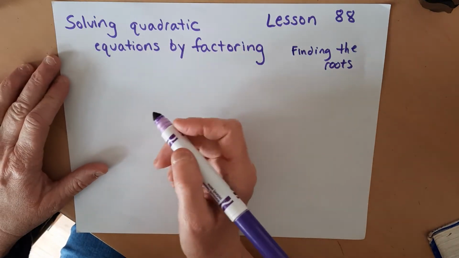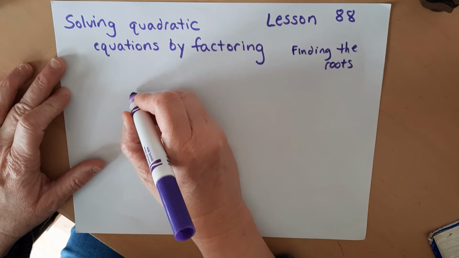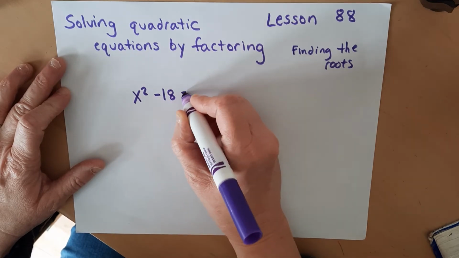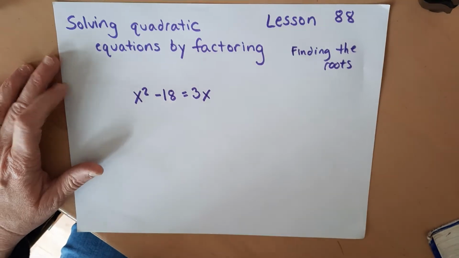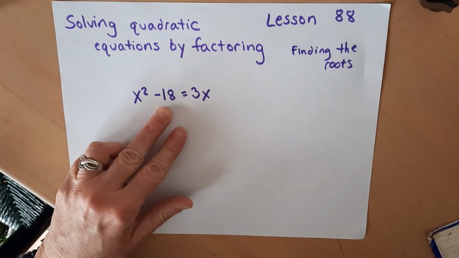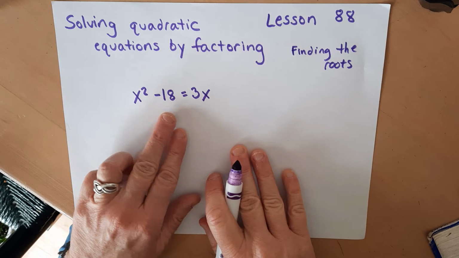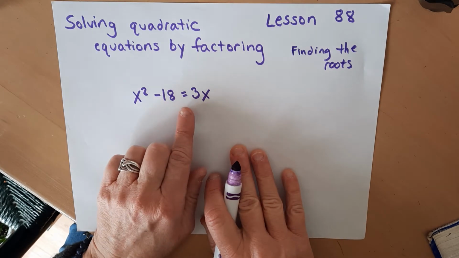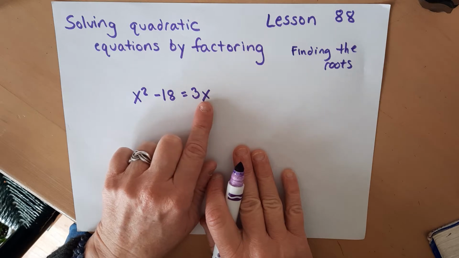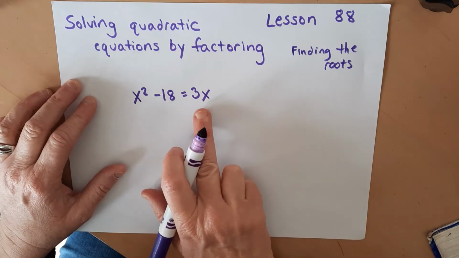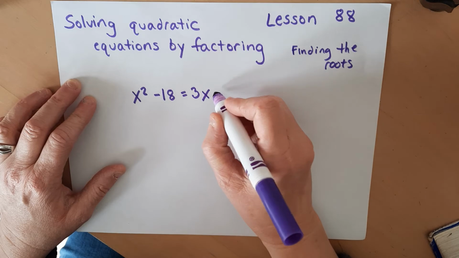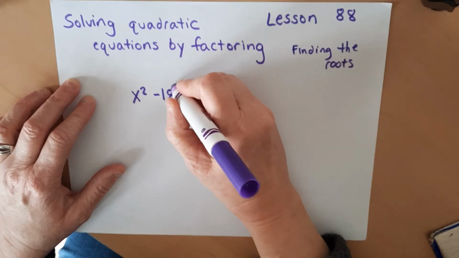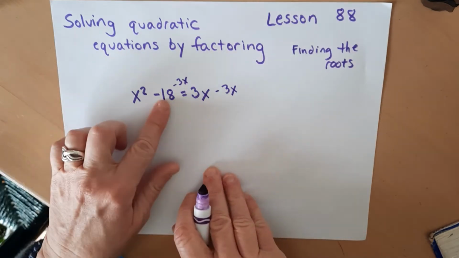So for this first one, if it says solve the equation x squared minus 18 equals 3x, we are going to find the roots of this equation. First of all, we want to set everything on one side of the equation and have only 0 on this side. In order to have 0 over here, we're going to have to subtract 3x, and if we subtract 3x from this side, we need to subtract 3x from this side.